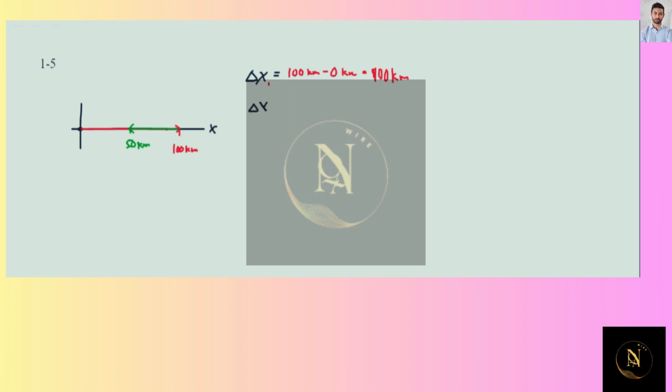And then displacement x for part 2, I'll do in green again, where we're going to a final spot of 50 kilometers, while we started at position 100 kilometers from our axis. So that part is a net displacement of negative 50 kilometers, right? Because we're going from a more positive to a less positive region.